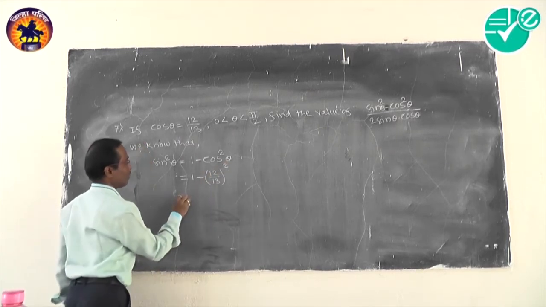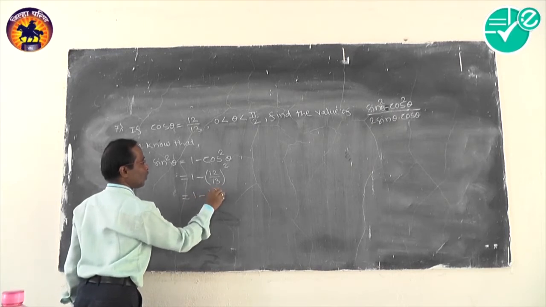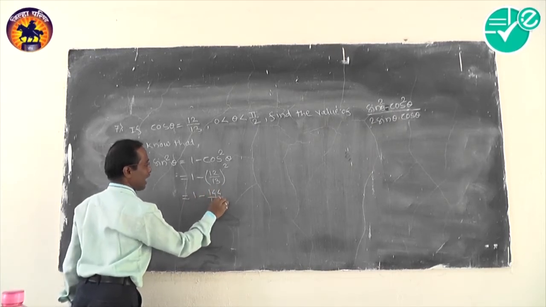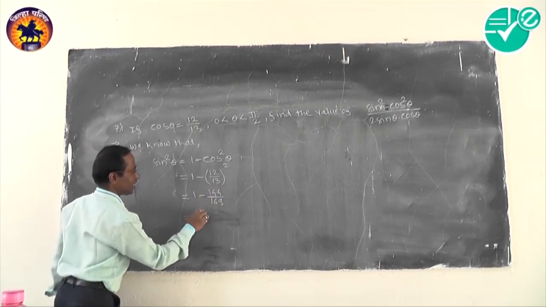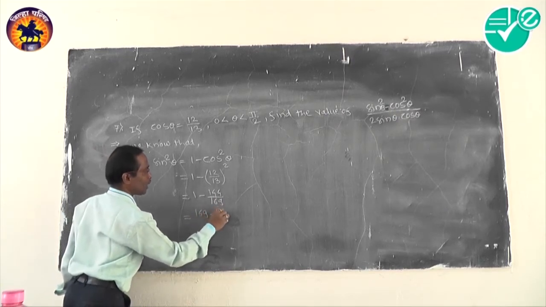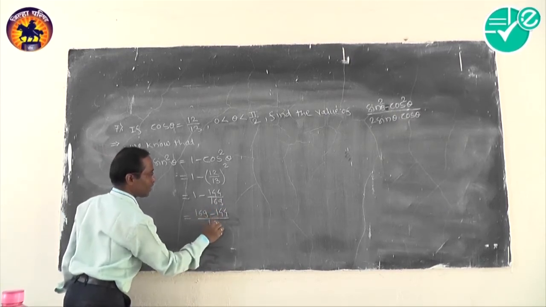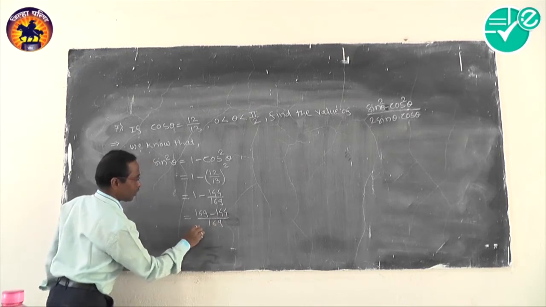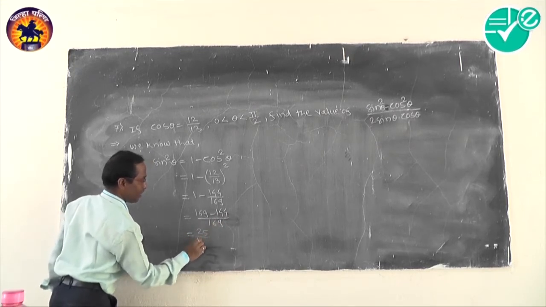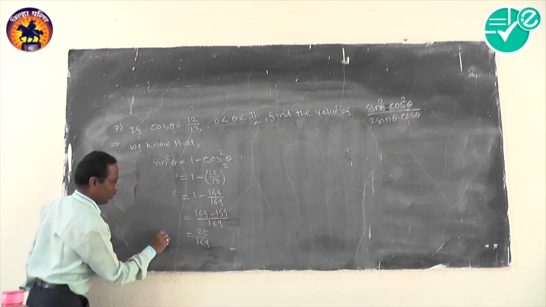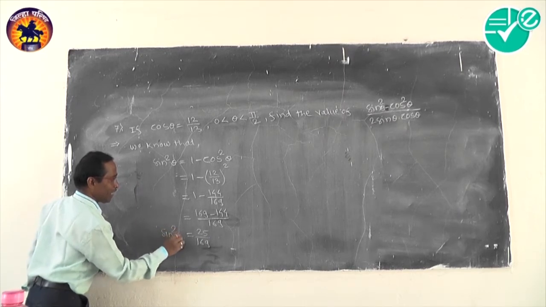We get 1 minus 144 upon 169. We get 169 minus 144 divided by 169. We get 25 upon 169. This is the value of sin square theta.